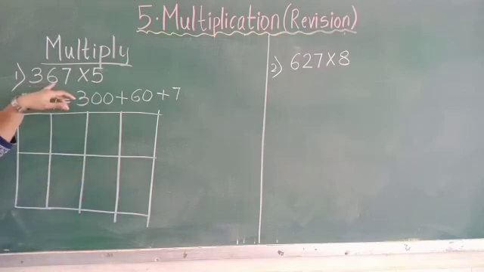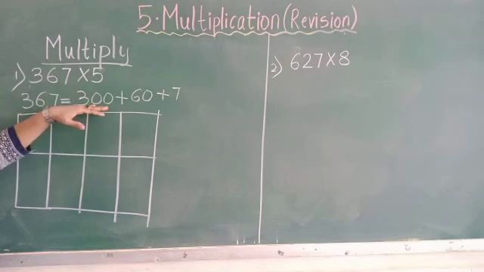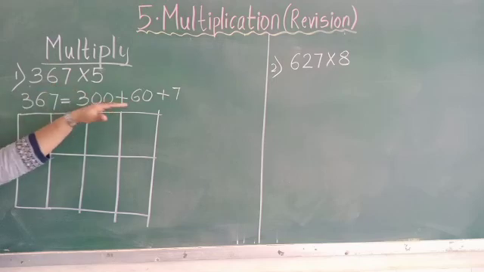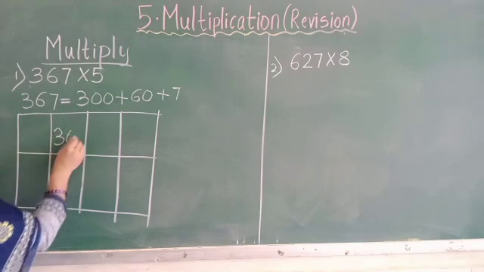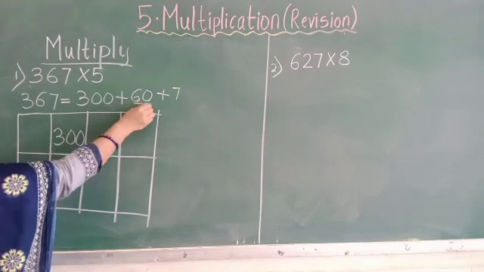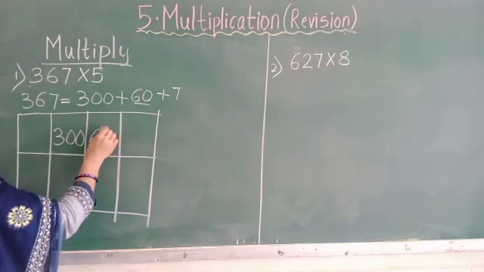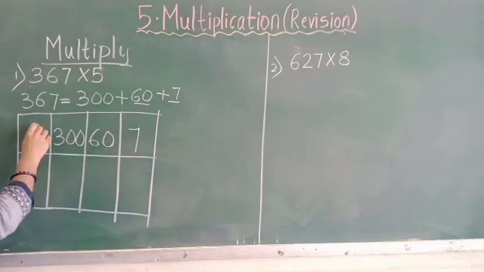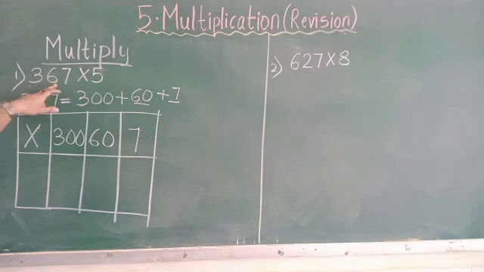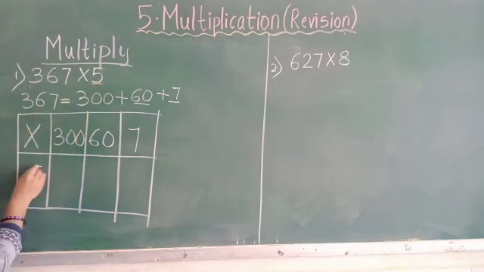What is the first number here? 367. How we have expanded? 300 plus 60 plus 7. So in the first box what we will write? 300. Second is 60. Third is 7. And in this box what will come? The sign of multiplication. 367 is multiplied by what? 5. So this 5 we will write down here.